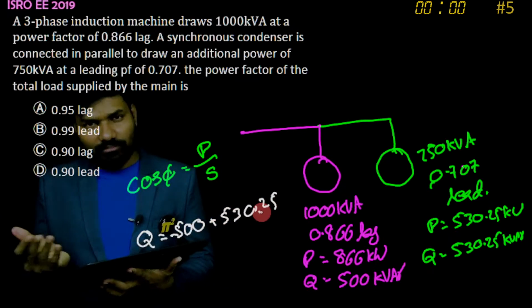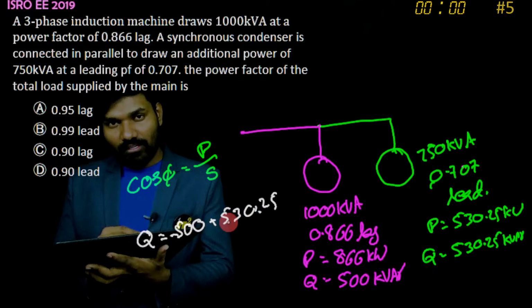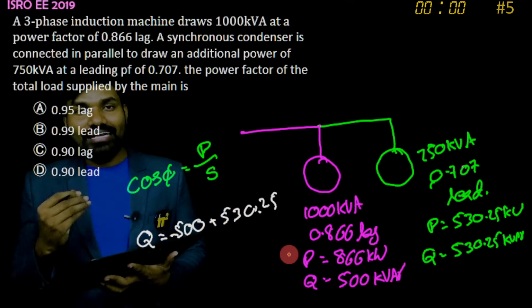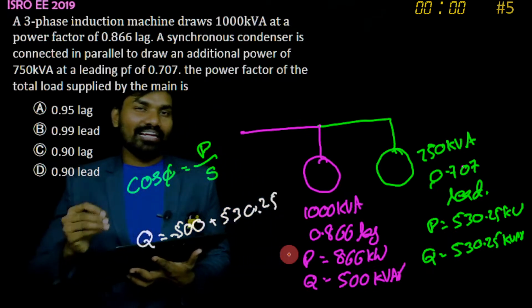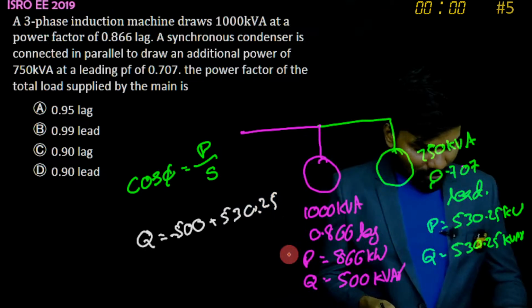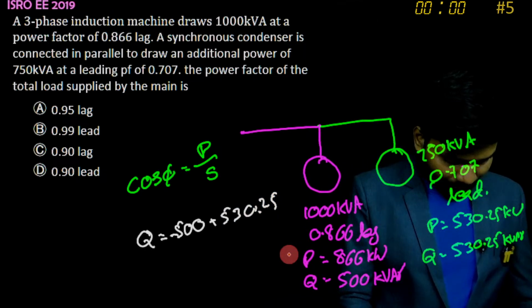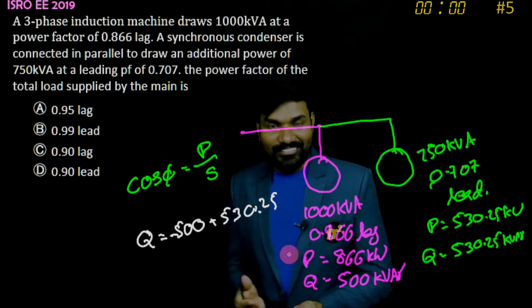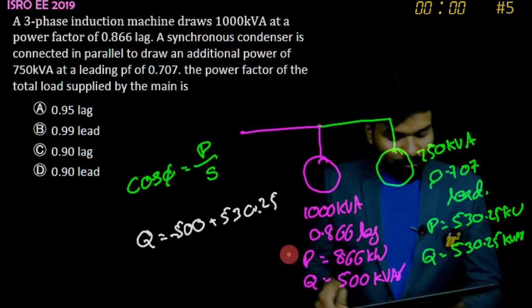If you take the reverse, it will be reversed. So which value is higher? Is leading reactive power high or lagging reactive power high? Tell me in the comments quickly. Leading reactive power is high, it's clear, 530. So leading reactive power is high.